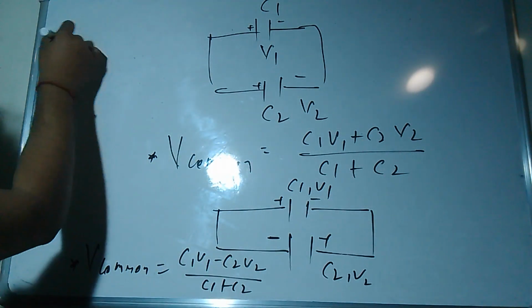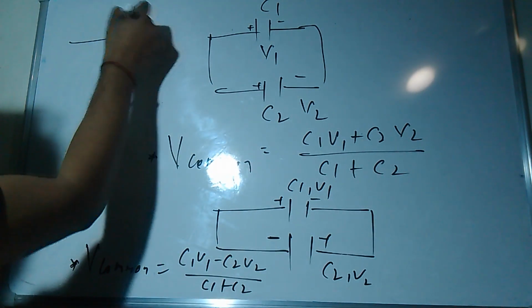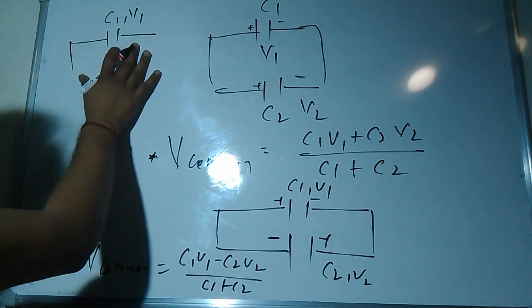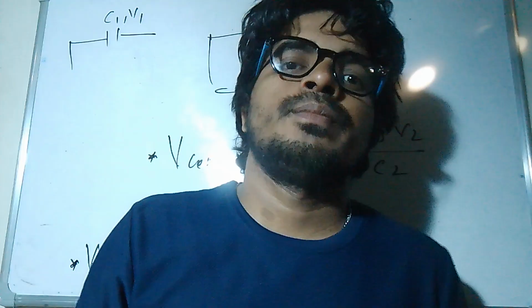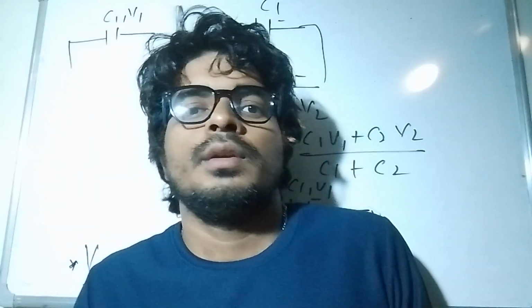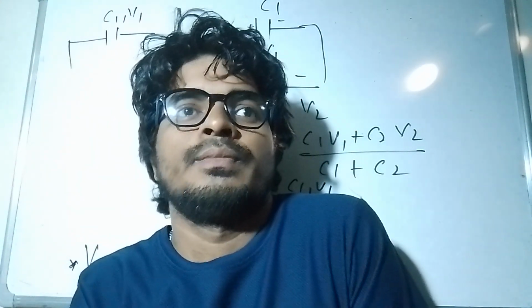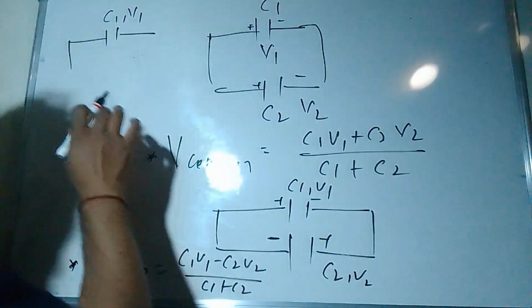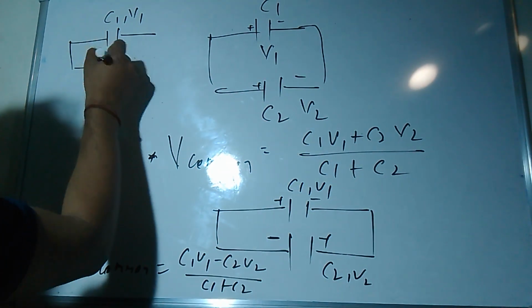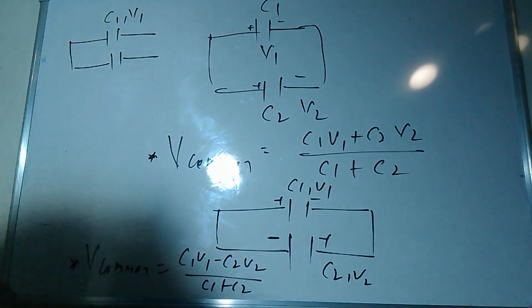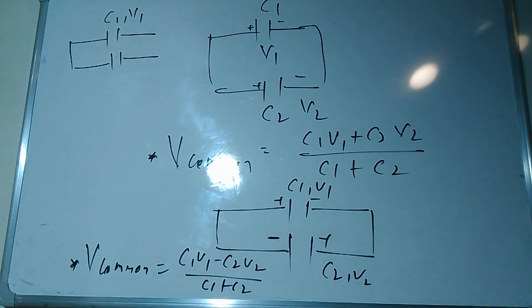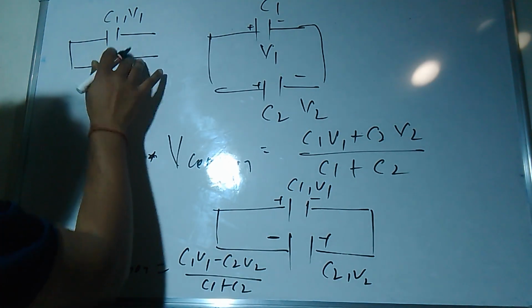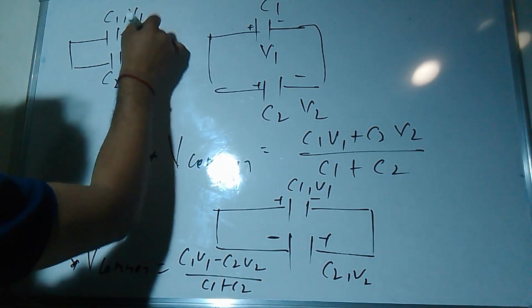Another thing is that suppose we are charging this capacitor C1 up to voltage V1, and we have not connected the C2 capacitor with any battery. In this situation you have to take care: since we have not connected C2 with any battery V2, its voltage you need to assume 0.